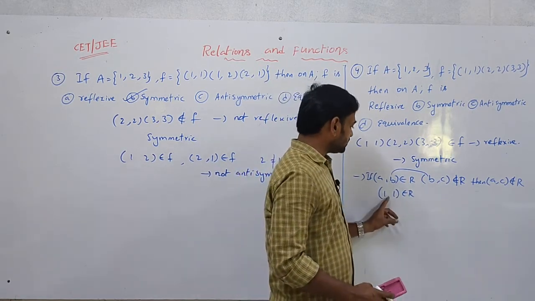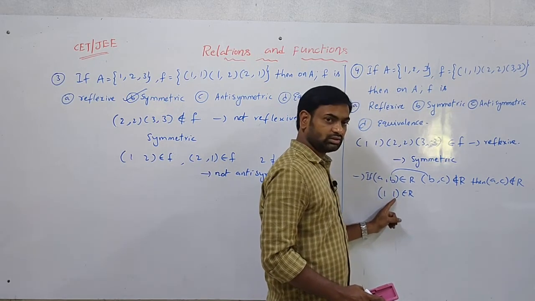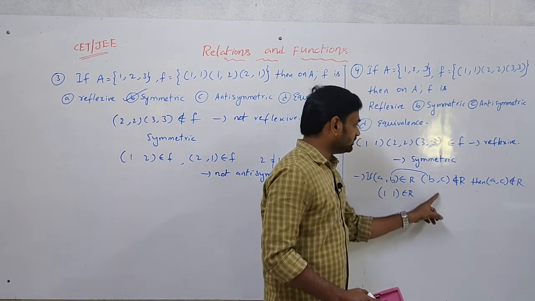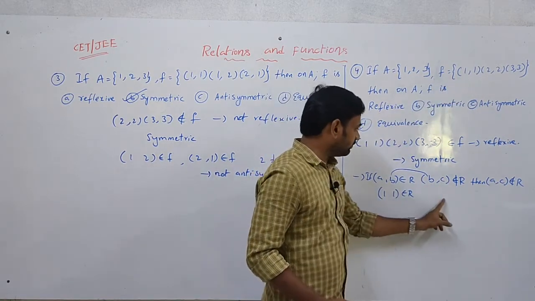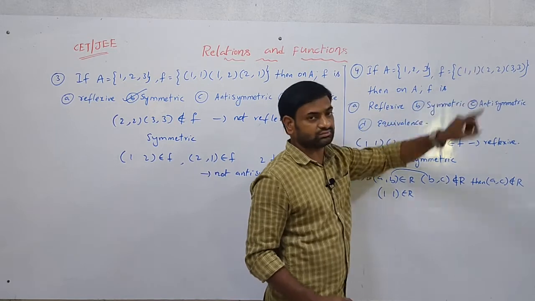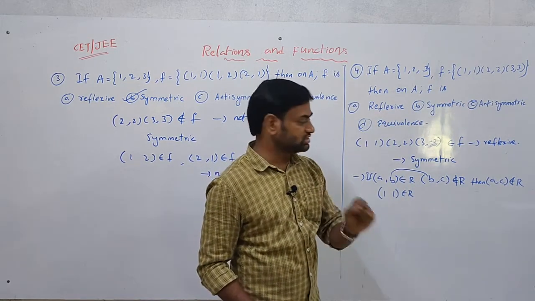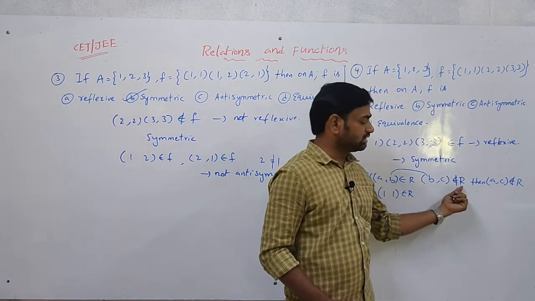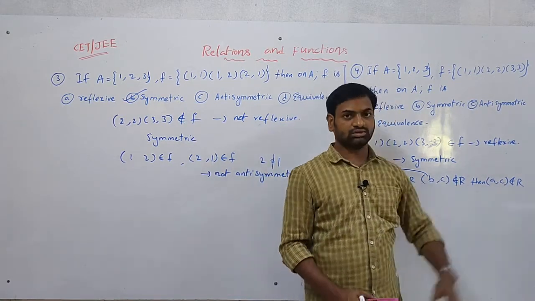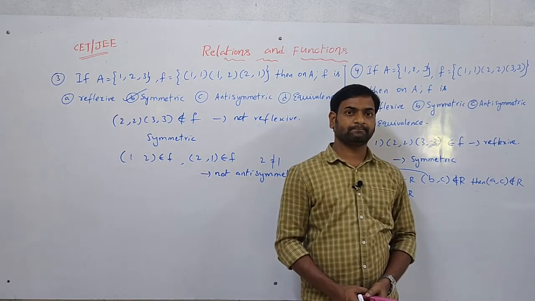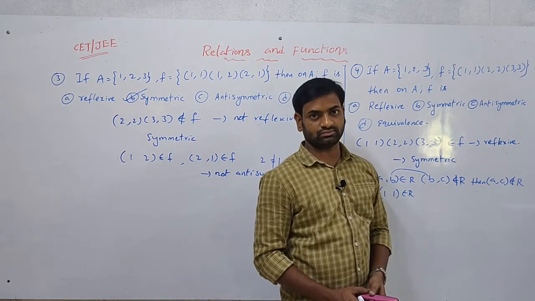Now (1, 1) belongs to R. What is the b value? 1. With starting 1, is any other ordered pair there? There is no such (b, c) in R, other than the same one. Then (a, c) is also in R. Then it is transitive.